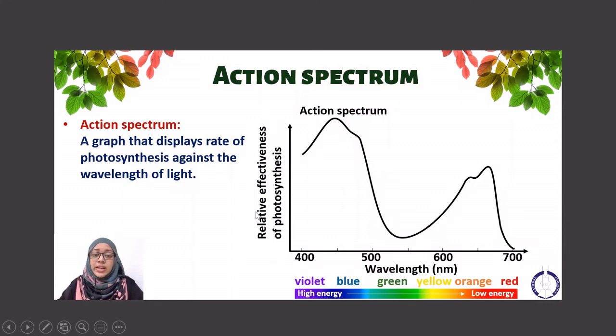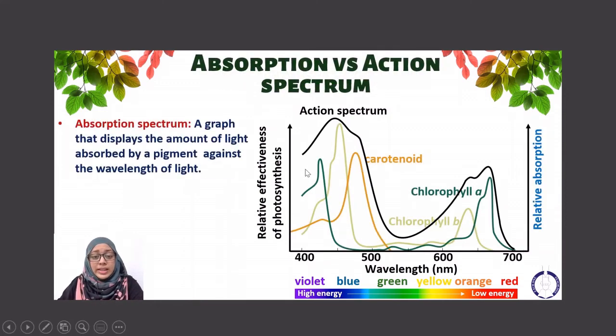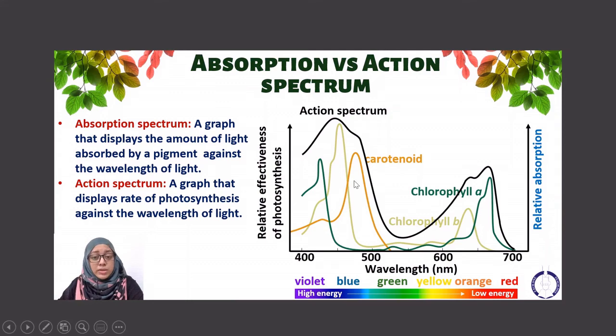It could be the effectiveness of photosynthesis, the rate of photosynthesis, or the relative activity of photosynthesis. Remember, the term photosynthesis will be there. Now looking at these two together, the absorption spectrum and the action spectrum, they are both graphs.